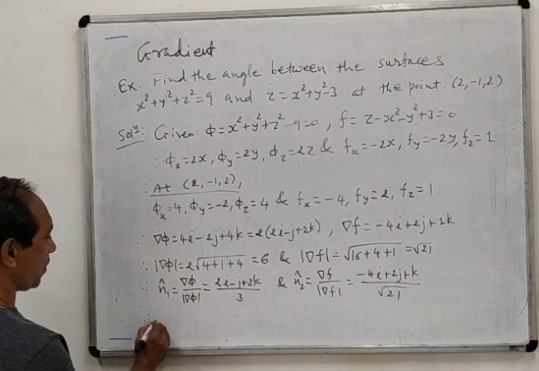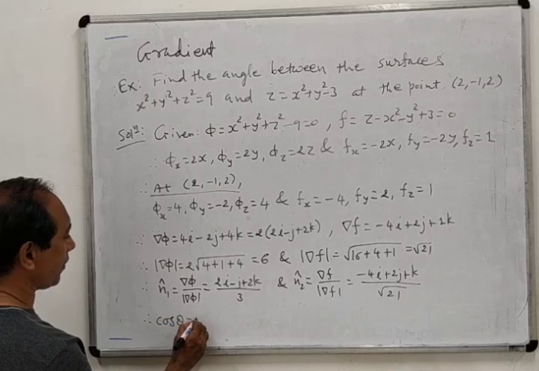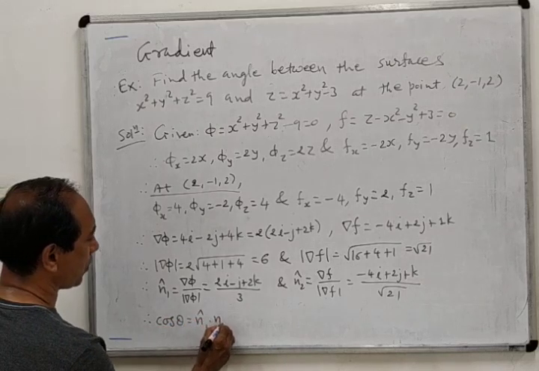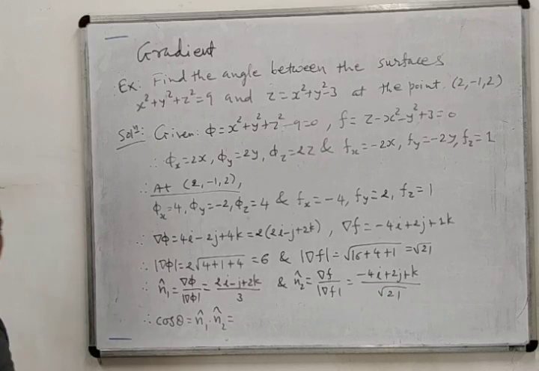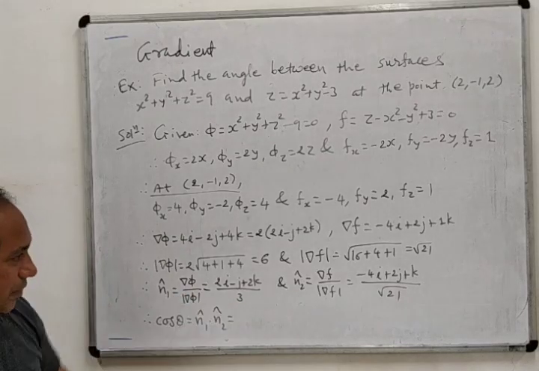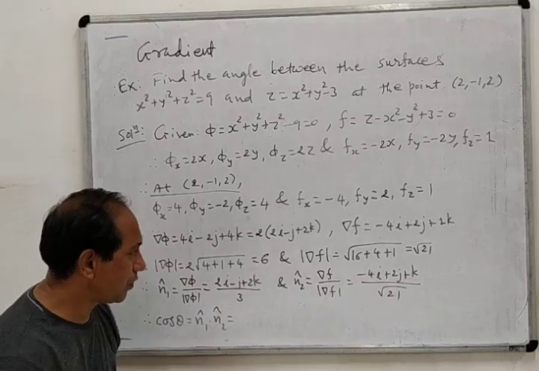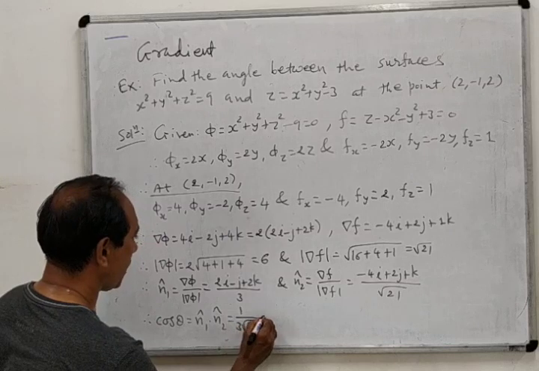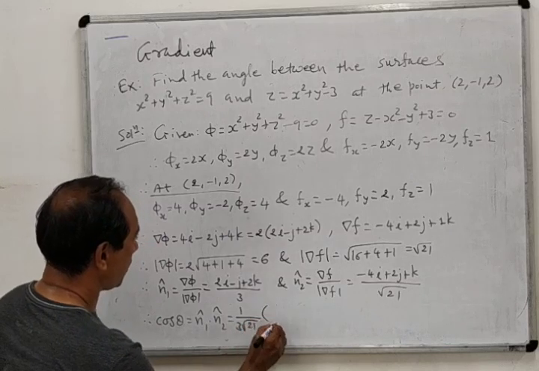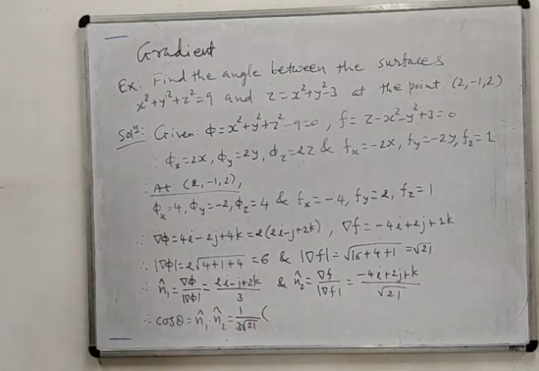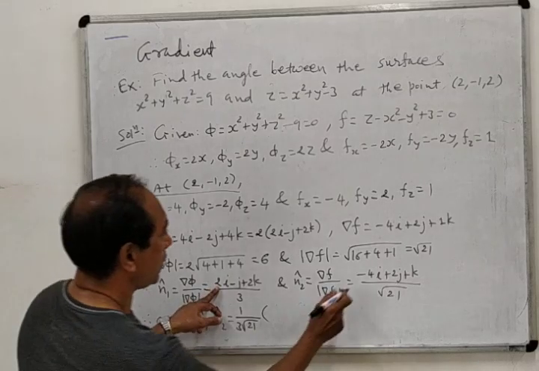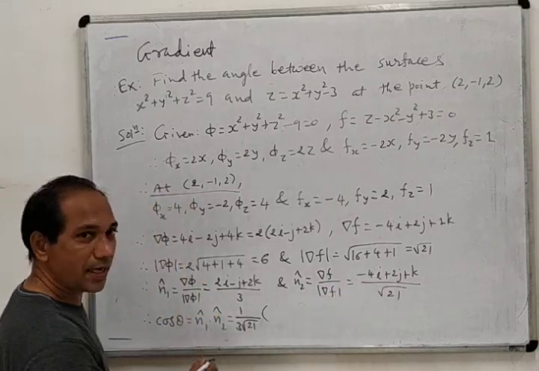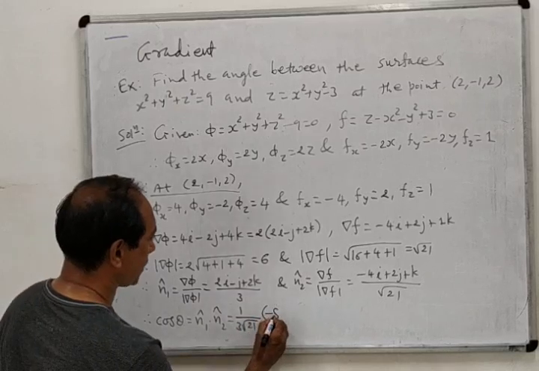And therefore cos theta equal to n1 cap dot n2 cap, as I explained you previously. So we will take dot product of n1 cap and n2 cap. So this 3 and root 21 are scalars, so we will take them common. Then the dot product is what? 2i into minus 4i. i dot i is 1, we know. So it is minus 8.